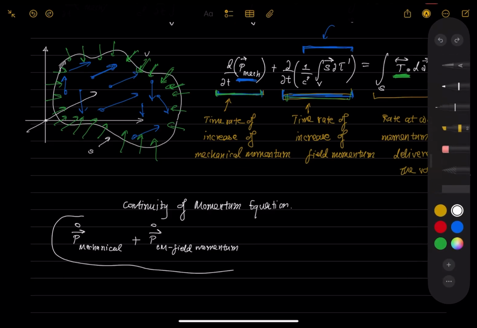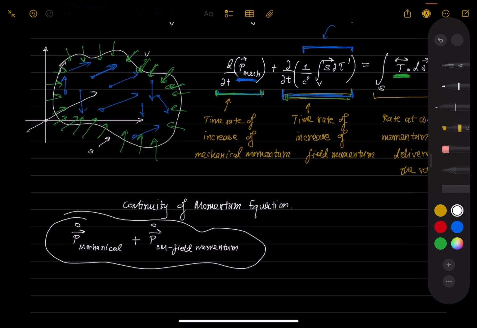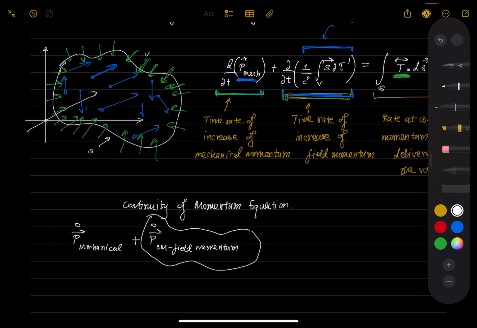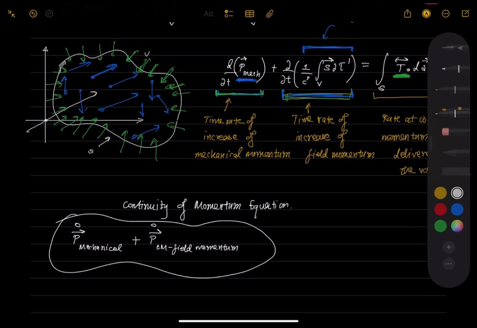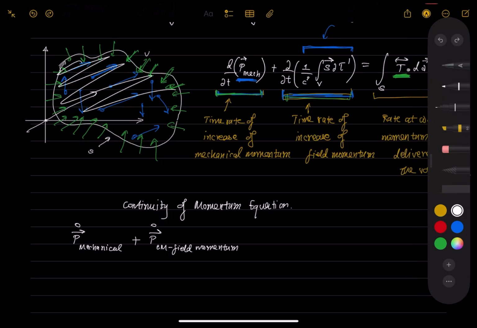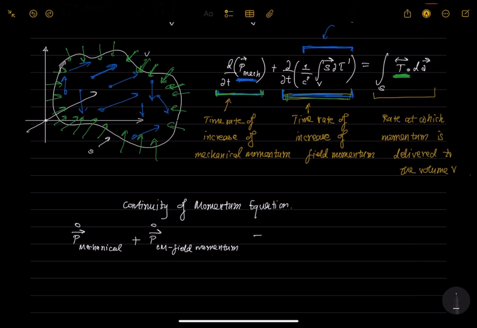The total momentum comes from two things. It's either the momentum of the charges and currents, of the particles, the mechanical momentum, or the other portion is the momentum that actually gets stored in the fields and does not go to the particles. So the time derivative of the total momentum inside this volume is as if something's coming inside.